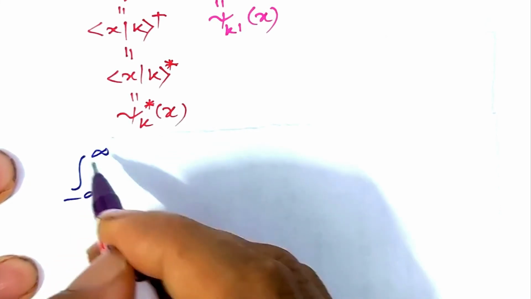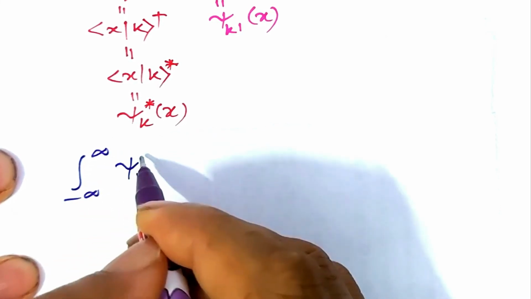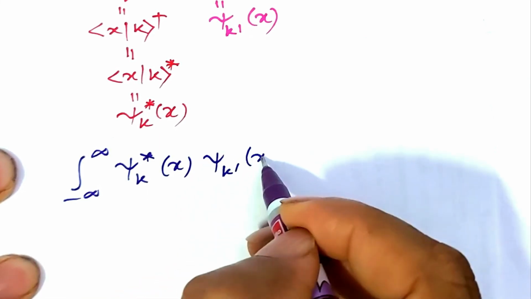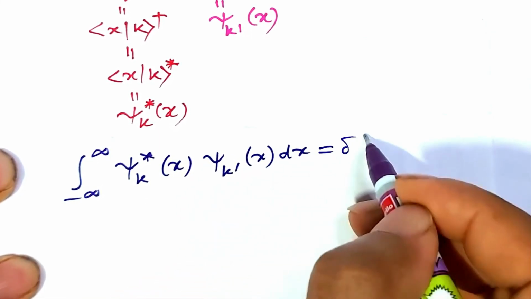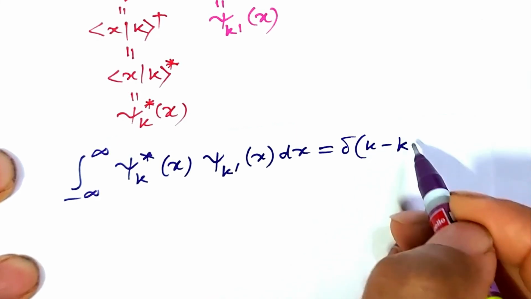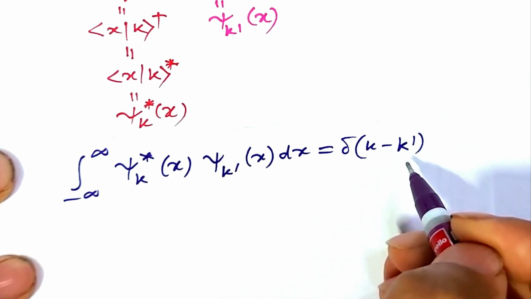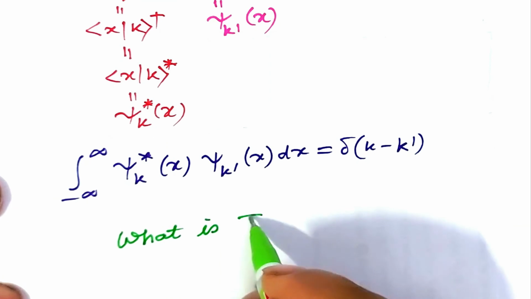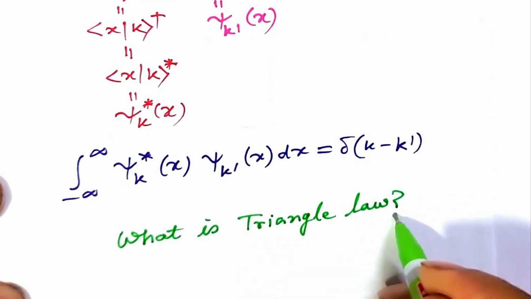This leads to the integration from minus infinity to plus infinity of psi k star of x into psi k prime of x dx equal to Dirac delta of k minus k prime, which is the Dirac delta normalization relation through which we have avoided the direct occurrence and interference of infinity in our calculation. Normalization in this case, and we can now proceed without any divergence. We shall be addressing the question, what is the triangle law, in a future lecture.